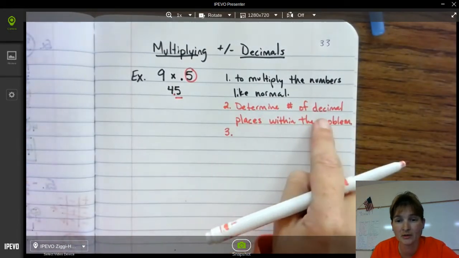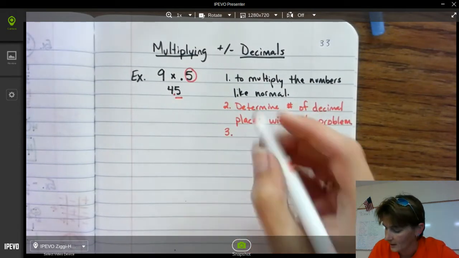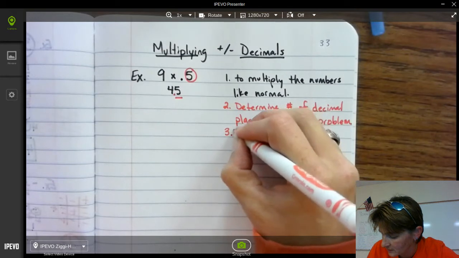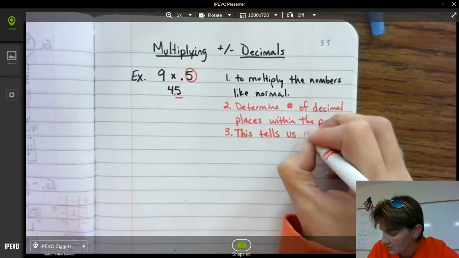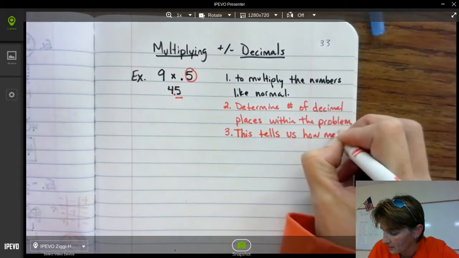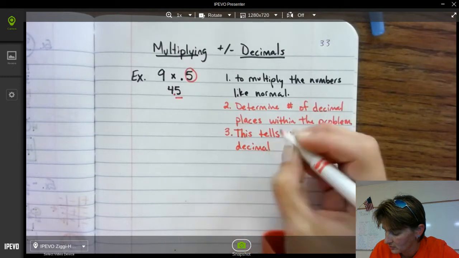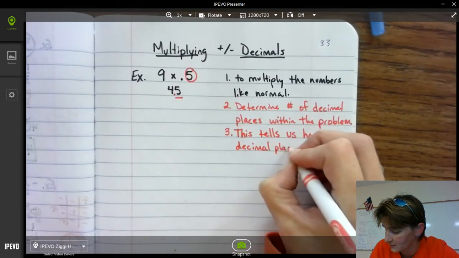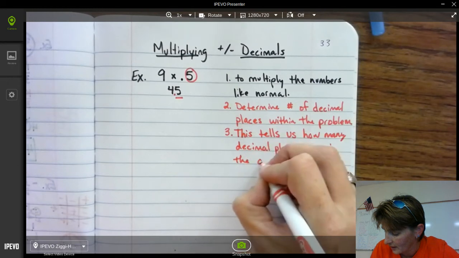So we determine how many decimal places are within the problem, and this tells us how many decimal places are in the answer.